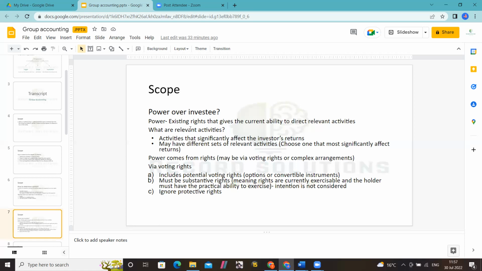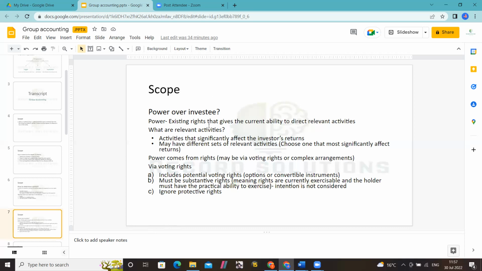However, let's say your entity does not have the practical ability, right, to actually buy them. So it doesn't have the resources available to buy them. Then that means that you still don't have power. Why? Because you don't have the current ability to exercise it, because you don't have the practical ability to exercise it at that point, right?